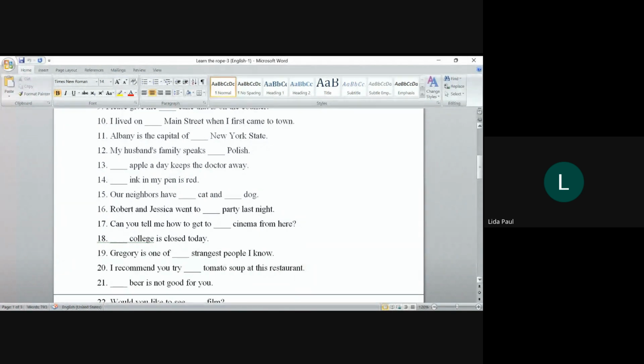But in the case of countries, if it is introduced as a group of something, like the Netherlands or the United States of America, or the Republic of Korea, you use the article the.